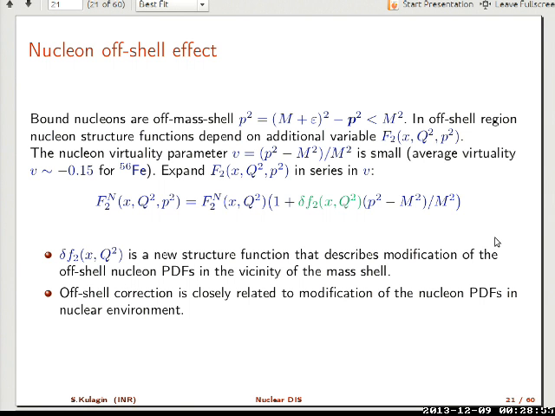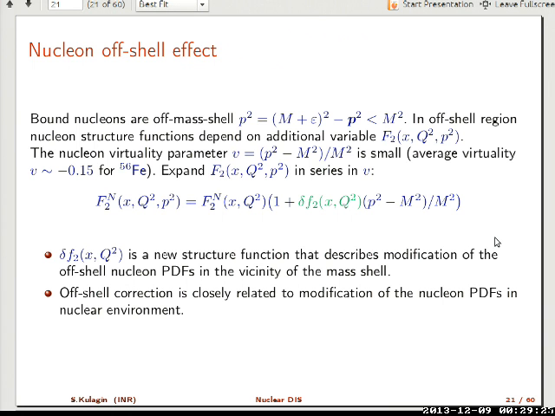p square minus m square. So this is nothing else but the Taylor expansion with the first correction kept, with the hope that this parameter is small enough on average. So we don't know this function.